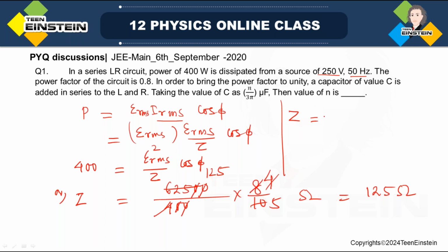This is for the LR circuit. In case of an LR circuit, Z is the square root of XL square plus R square. This is the impedance, and from the given information we have found it. Now you have to find capacitance in the LCR circuit.